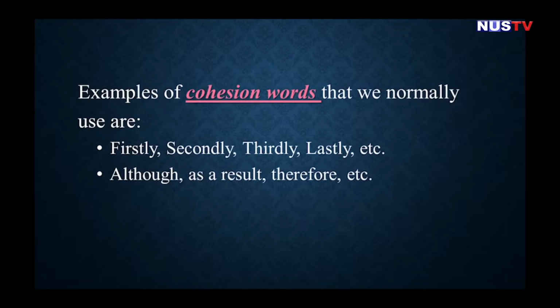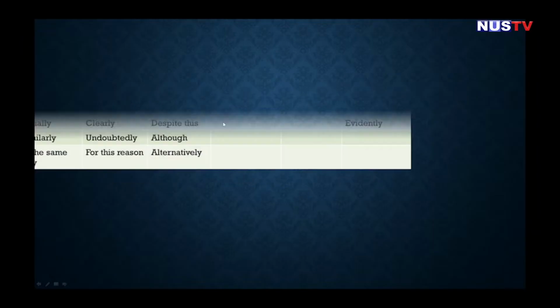Examples of cohesion words that we normally use are, firstly, as you see on the screen, secondly, thirdly, lastly, etc. And we also have although, as a result, therefore. These are common words that we use in our essay writing, and these are called cohesion words or transitions.